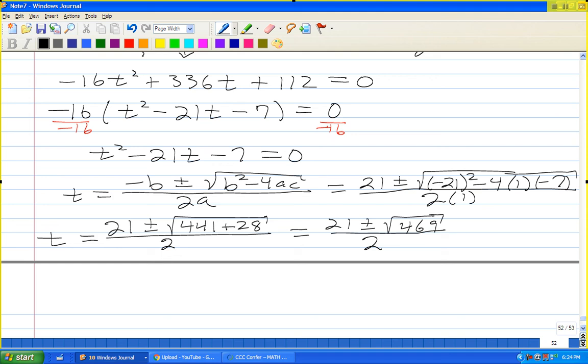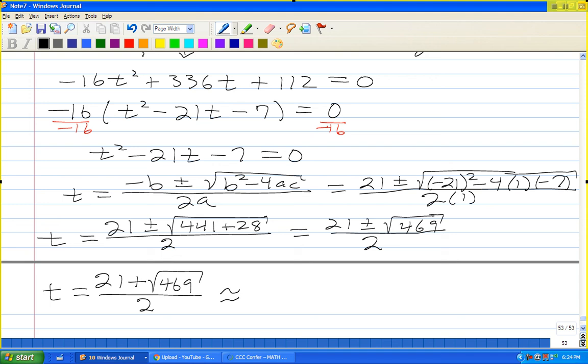Now, the square root of 469, well, it's going to be bigger than 21. Therefore, if you subtracted 21 minus that larger number, you're going to get a negative number. And I don't want a negative time. So t is just equal to 21 plus the square root of 469 over 2. Here, however, they told you that they want you to approximate the answer. So let's plug that into my calculator.